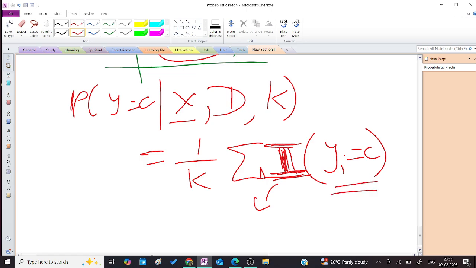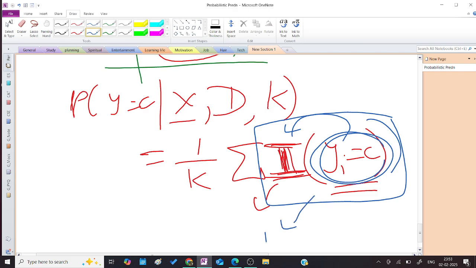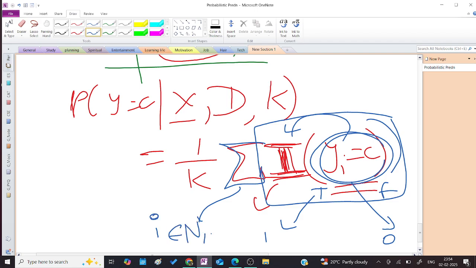So if this condition is true, then this function will return 1, and if this condition is false, then this entire indicator function will return 0. Okay, and this summation is running for all i belonging to Nk(x, D).